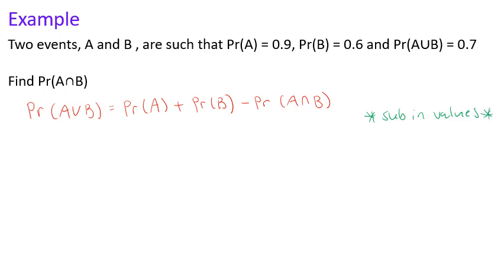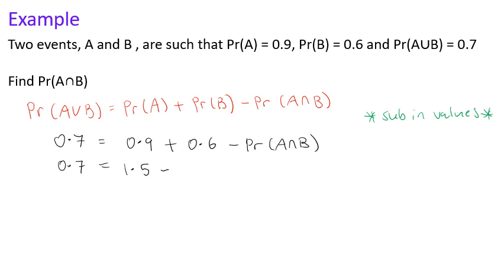A or B is 0.7. Probability of A 0.9, B 0.6, minus the probability of A and B, which we don't know. Then I rewrite it by simplifying this. So 0.9 and 0.6, 1.5 minus probability of A and B.